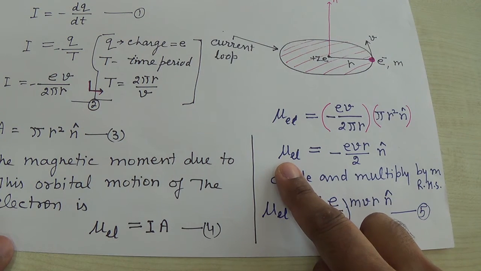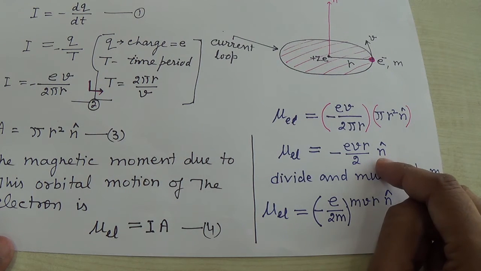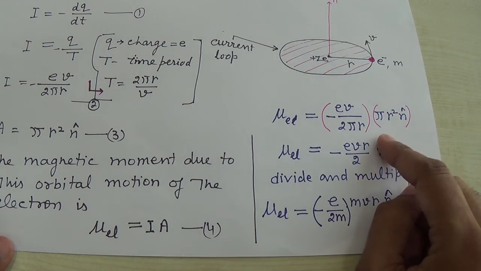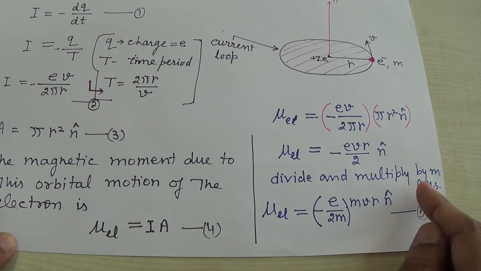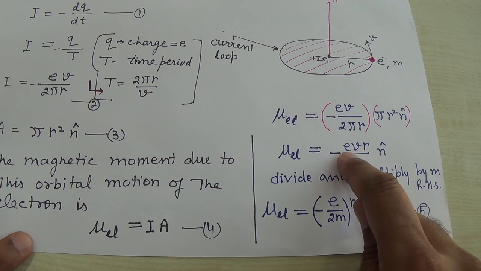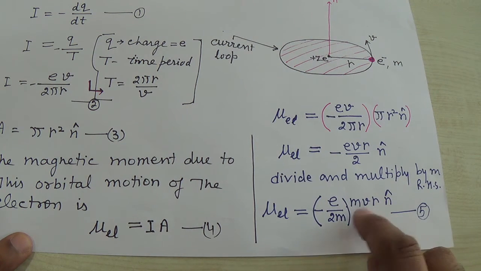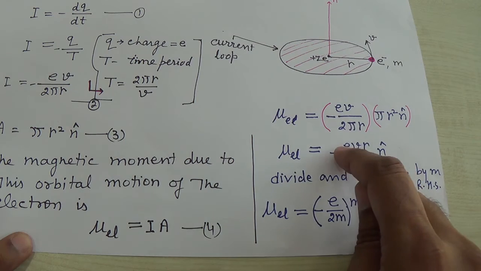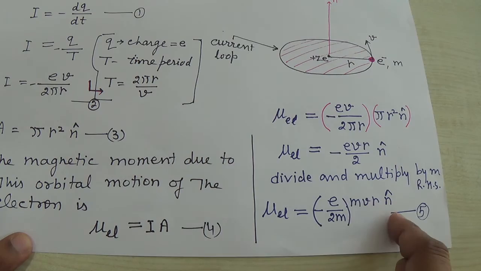It means this mu, the magnetic dipole moment of the atom, is a vector quantity, and its direction is opposite to the unit vector n. So if I multiply and divide by m, I find minus e upon 2m into mvr unit vector n.